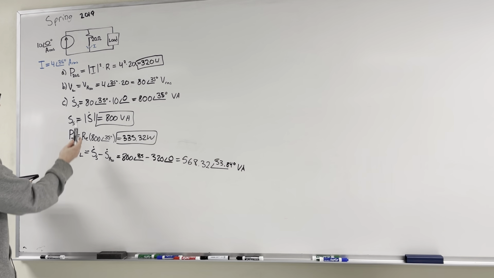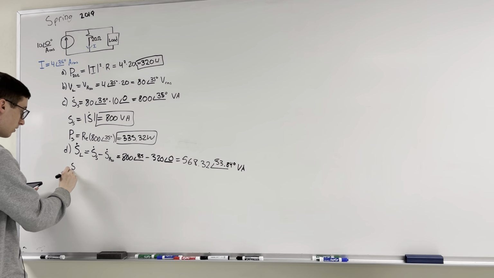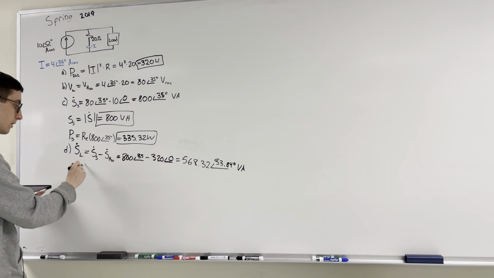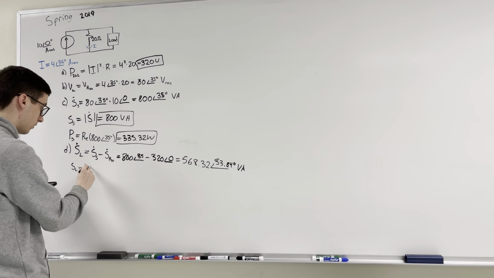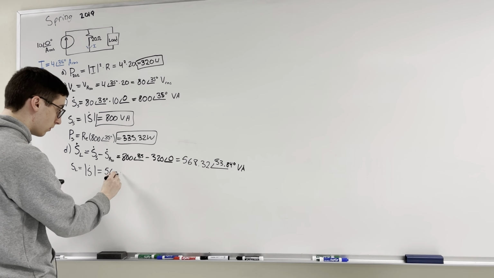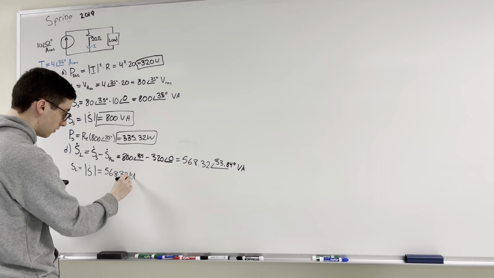Just like with C, to find the apparent power, it is just the magnitude of the complex power, so it's equal to 568.32 VA.